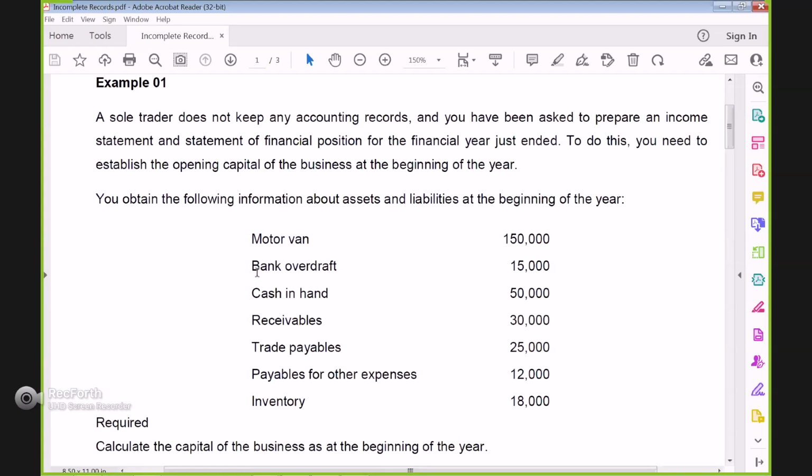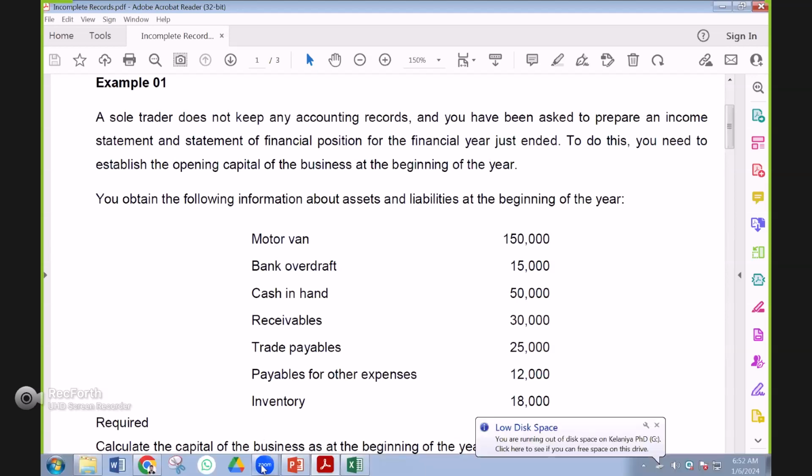Bank overdraft, liability. Cash in hand, assets. Receivable, assets. Trade payable, liability. Payable for other expenses, liability, because payable is the obligation. Liability. Inventory is the asset. So you have to identify which is assets, which is liability. Then you will go for finding the solution.